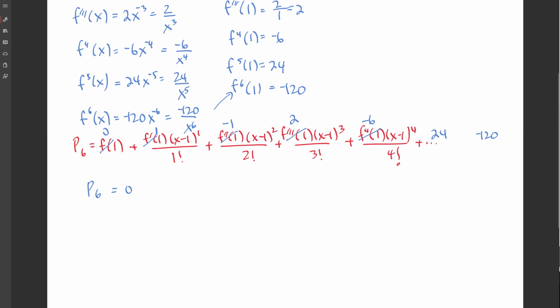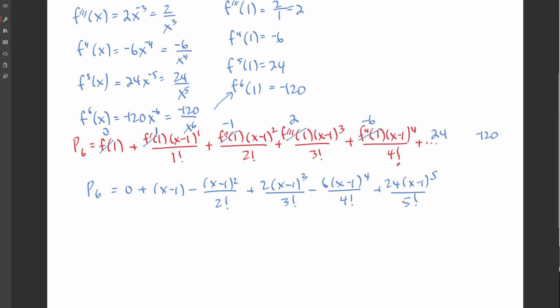P6 is equal to 0 plus x minus 1 minus x minus 1 squared over 2 factorial plus 2 times x minus 1 to the third power over 3 factorial minus 6 times x minus 1 to the fourth power over 4 factorial plus 24 times x minus 1 to the fifth power over 5 factorial minus 120 times x minus 1 to the sixth power over 6 factorial.